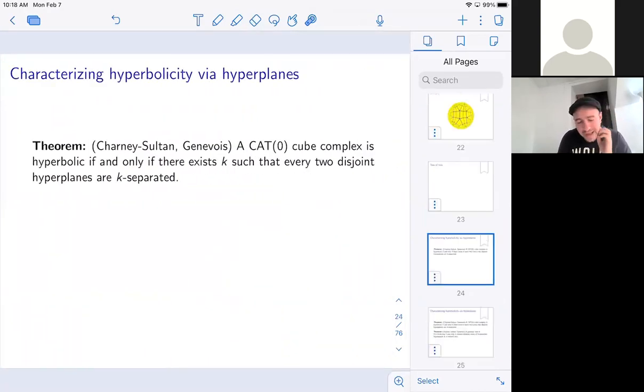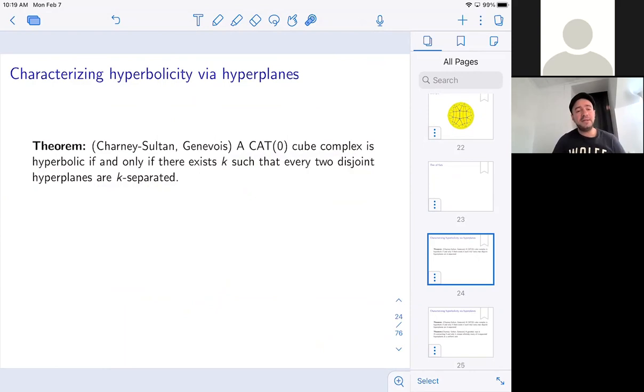in fact, it's more. So the statement is precise. In other words, I hand you a CAT(0) cube complex, and you don't know whether it's hyperbolic or not. This theorem tells you that the CAT(0) cube complex is hyperbolic if and only if there exists a k where any 2 disjoint hyperplanes are k-separated for that k. Okay? So if you have a CAT(0) cube complex, one of the things you would like to detect is whether it's a hyperbolic cube complex or not.